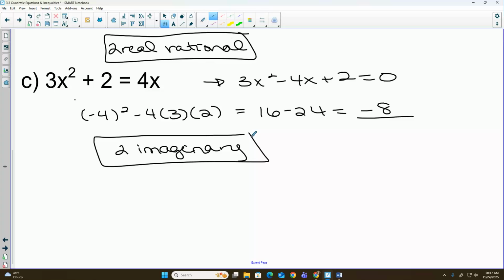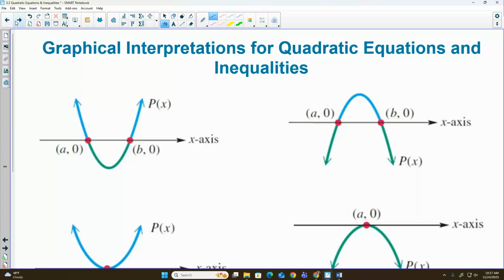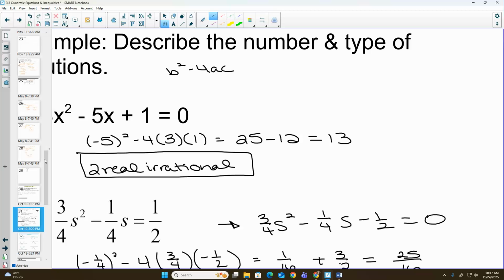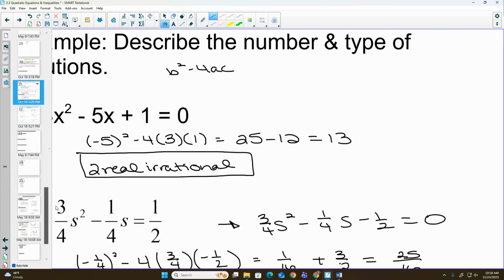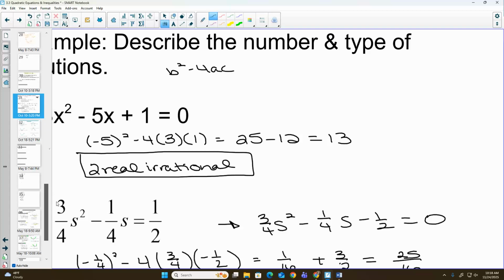Okay. Then the last thing I want to do. If I asked you to take an equation and solve for a variable, could you do it?